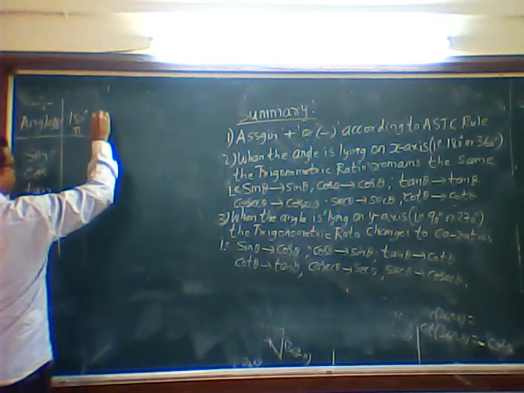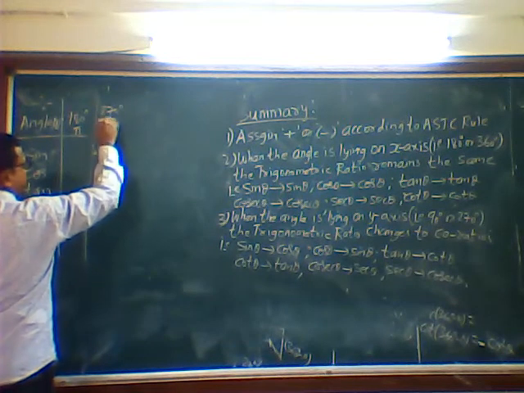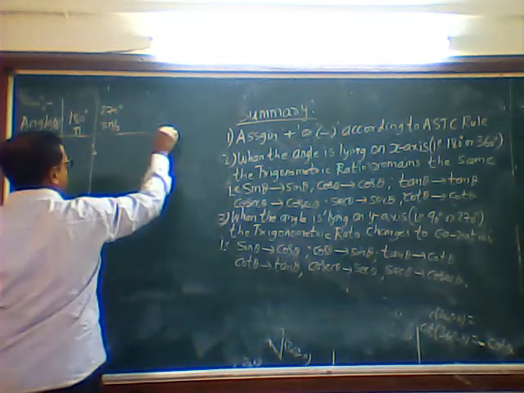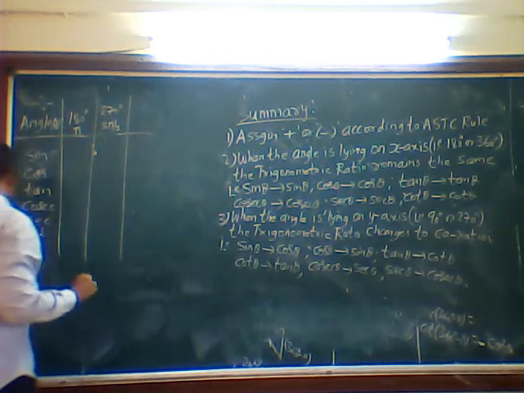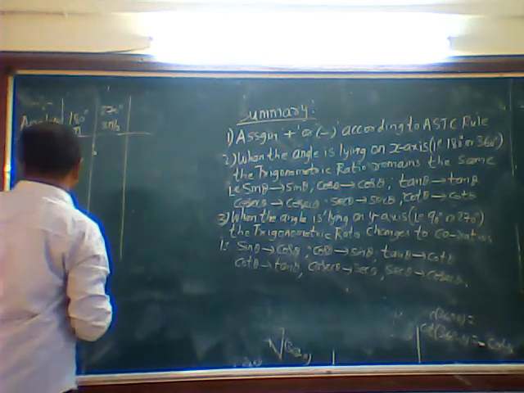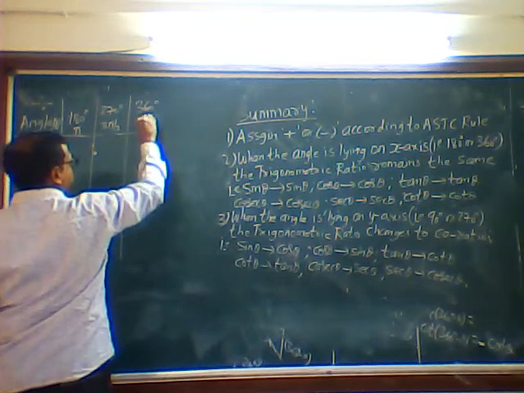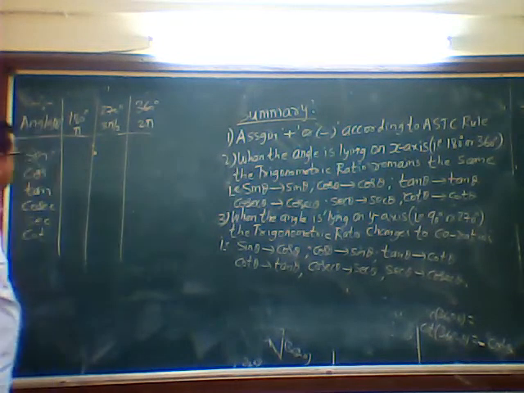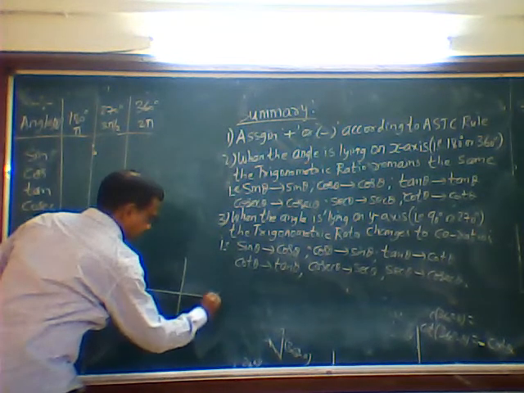Fine. Then 270 degree, that is 3 pi by 2 in radian. Then 90, 180, 270, then 360. 360 means 2 pi. Now I'll show you the diagram.